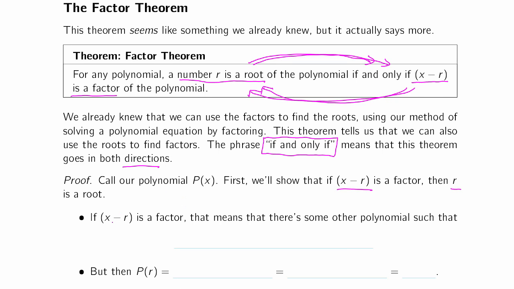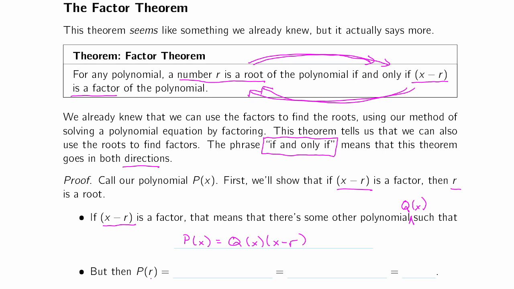Well, if x minus r is a factor, we just said precisely what having a factor means. There's some polynomial, we'll call it q of x, such that p of x is q of x times x minus r.